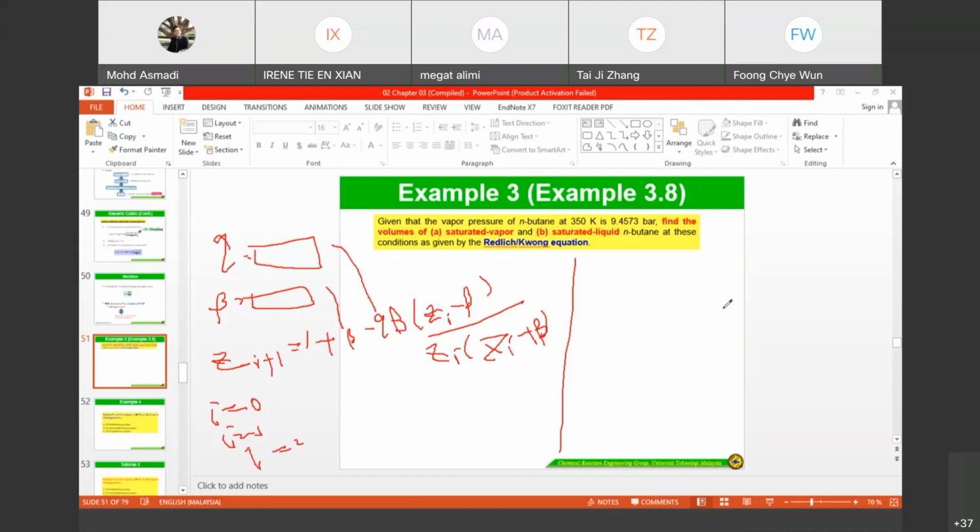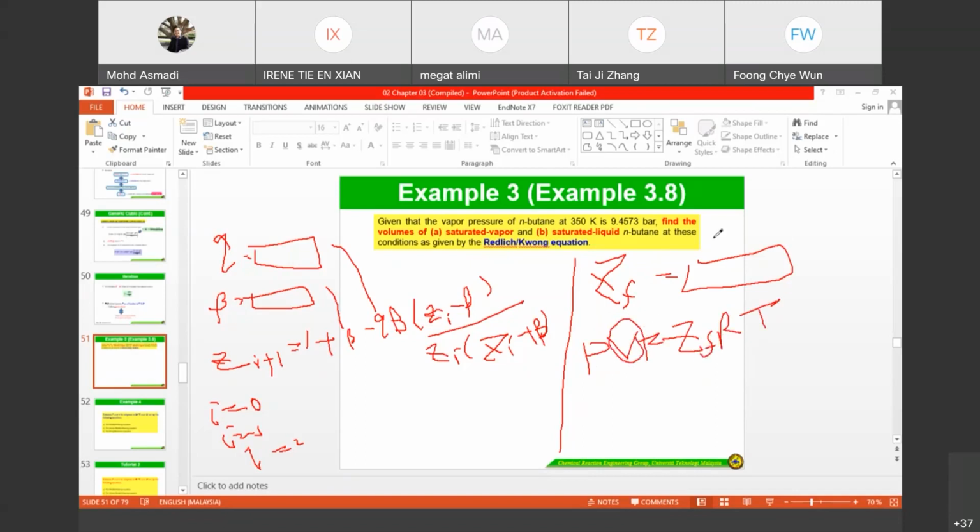Okay, so what is the answer for the Z? Once you determine Z final, give me the value. And once you determine Z final, PV equals ZRT, so you can calculate the volume.